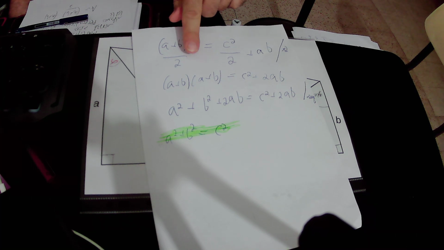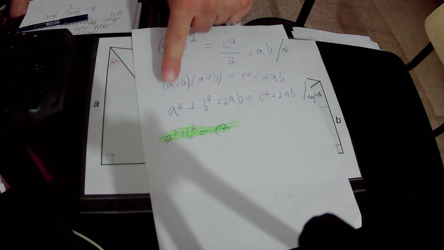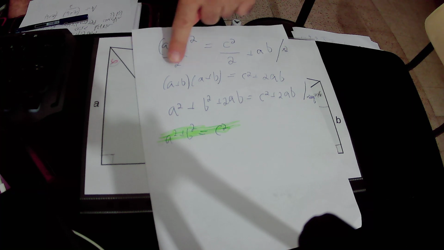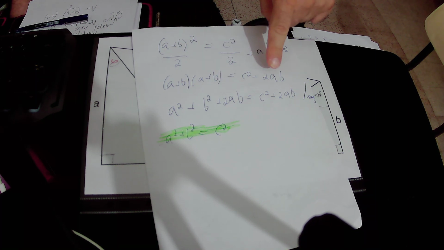Now we will open the brackets. A times A is A squared, B times B is B squared, and here we have AB plus BA, which is 2AB, equals C squared plus 2AB.